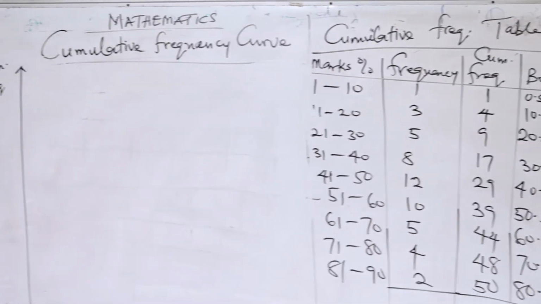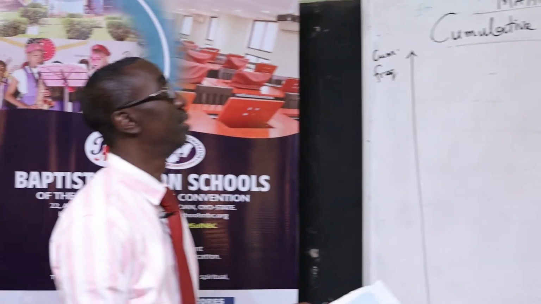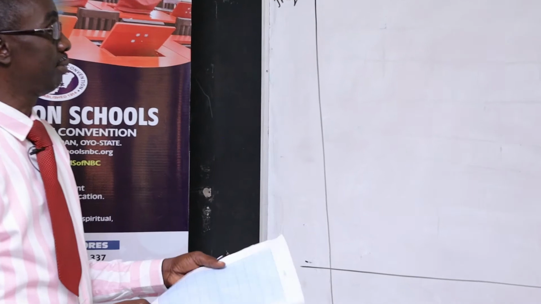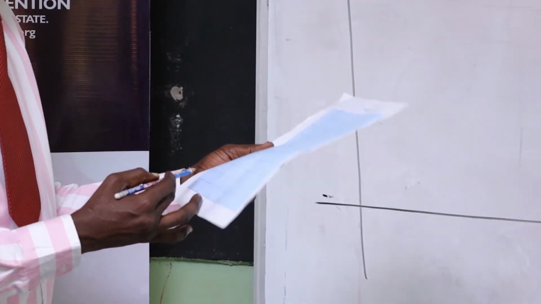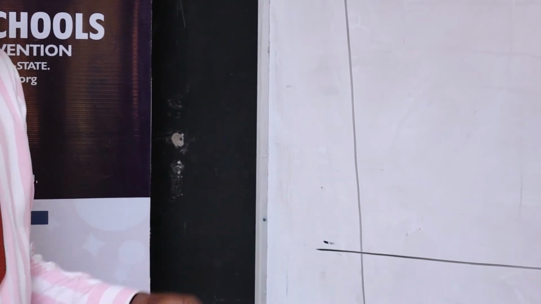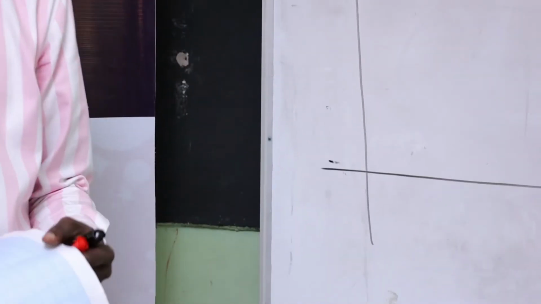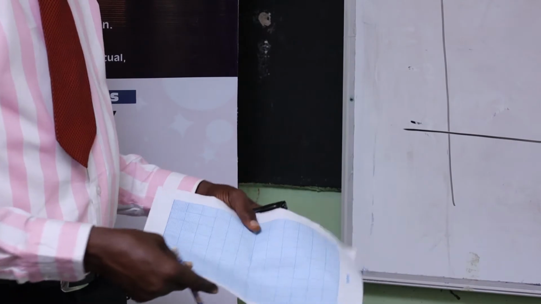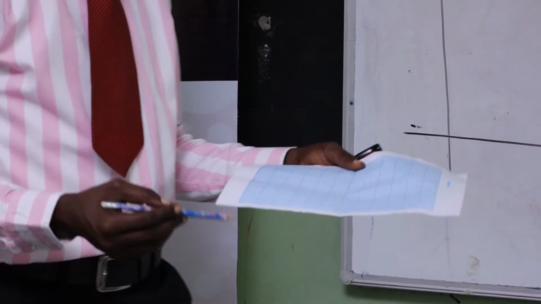If I'm looking at that graph very well, the lowest is 1, and the highest is 50. And I want to accommodate 2 centimeters. If I say 2 centimeters to 10 units, or 5, we can use 5.